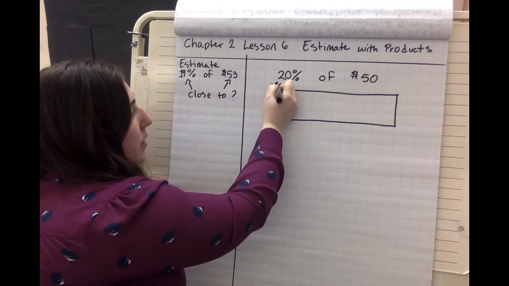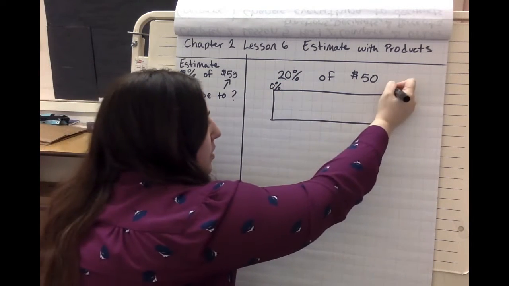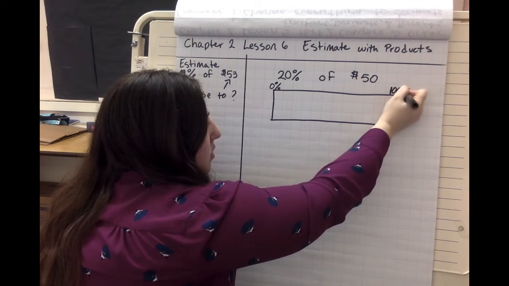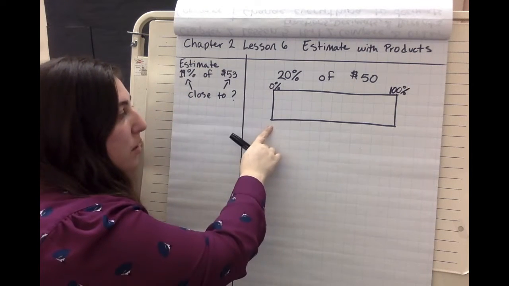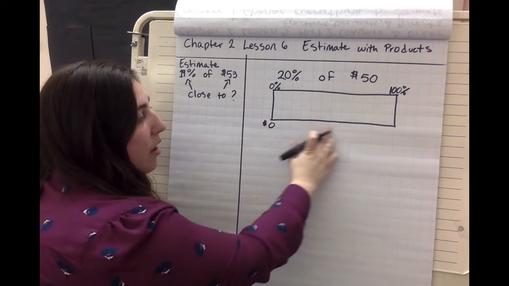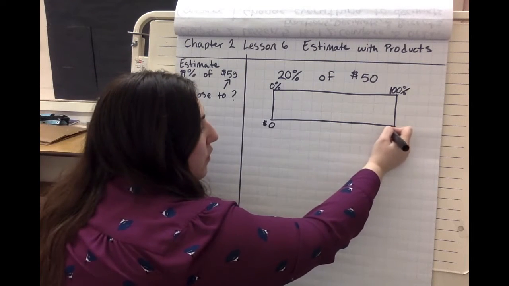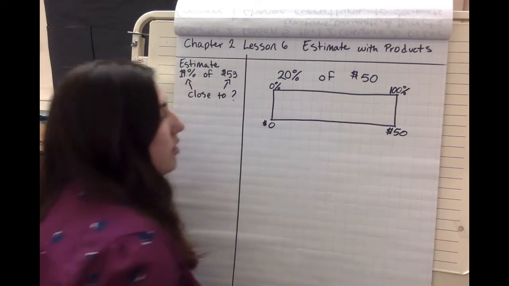So this is 0%. We're starting at 0% here, and we're going all the way to 100%. Then on the bottom, we're starting with $0, and we're going all the way to whatever amount this is. So this is $50, so we're going to $50.